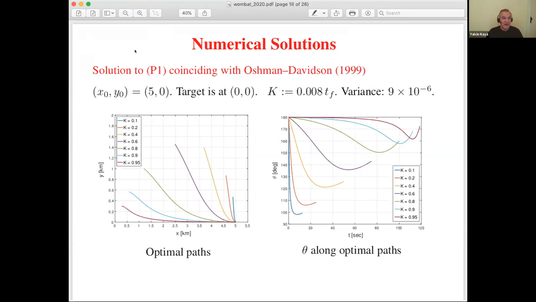Okay, if we start with the example given by Osmolovskii and Davidson in 1999, they consider a vehicle at (0,5) and the target is at (0,0). Then the trajectories that you have to follow look like this, which maximizes the Fisher information.